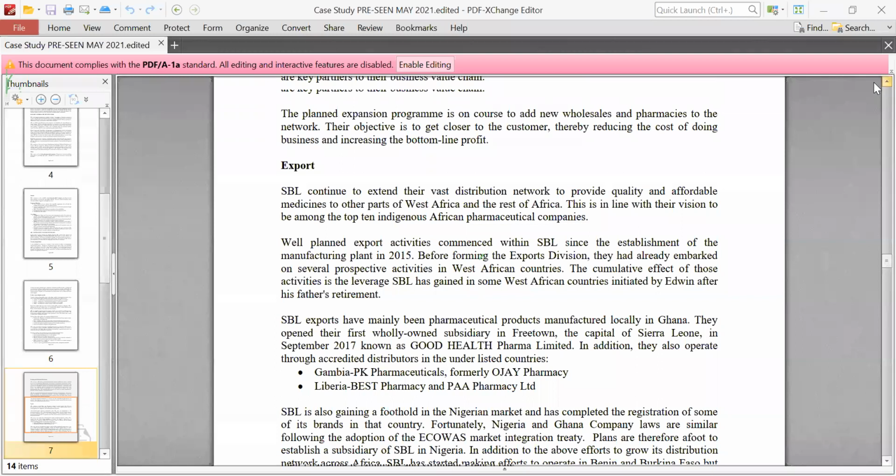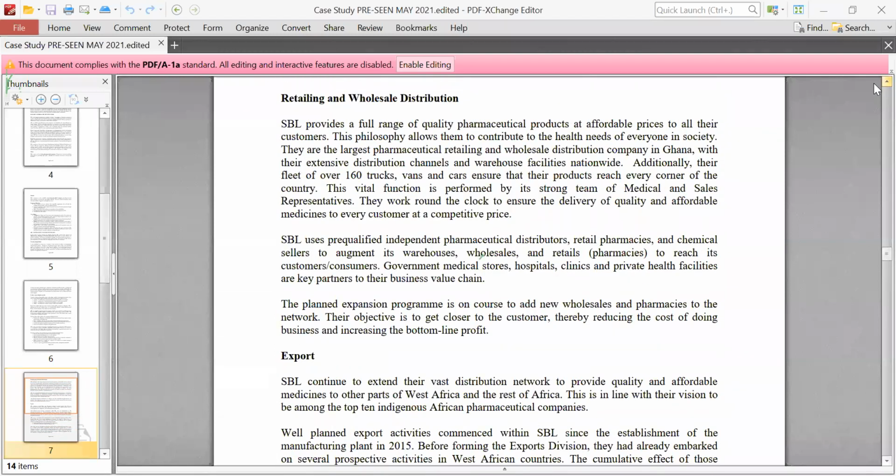After SBL uses pre-qualified independent farmers, down there, they list partners: government stores, medical stores, hospitals, clinics, and private health facilities as key partners. So could it be that they sell on credit to those partners for distribution? Fantastic. Public medical stores don't pay cash.